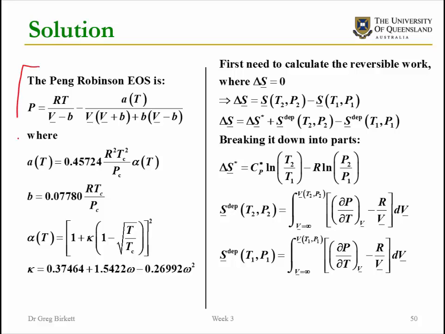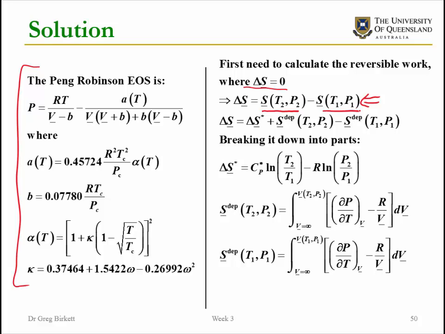Now that I know my initial task is to calculate the entropy change of the compressor, I start with listing what I know. I've got the Peng-Robinson equation of state here, and these are all the parameters that go into it. I'm wanting to find where delta S is equal to 0. Delta S is simply the difference in the entropy between the outlet conditions and the inlet conditions.